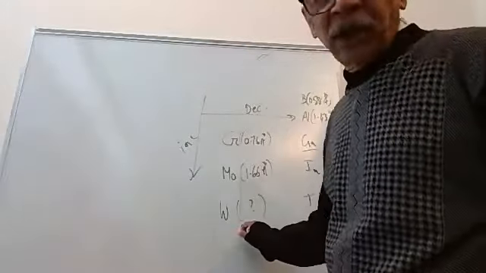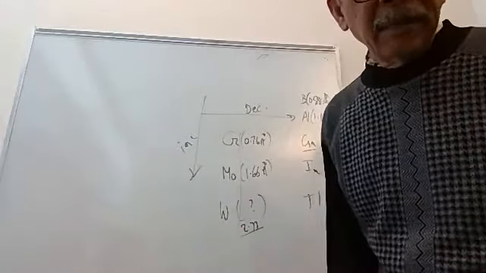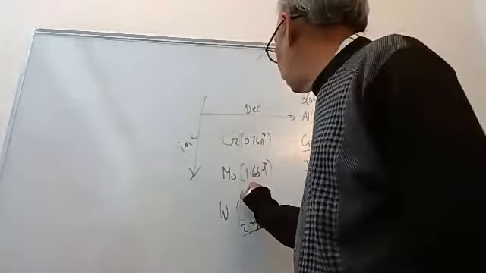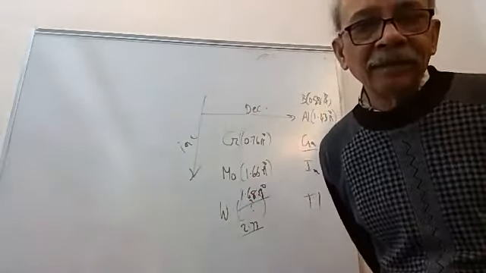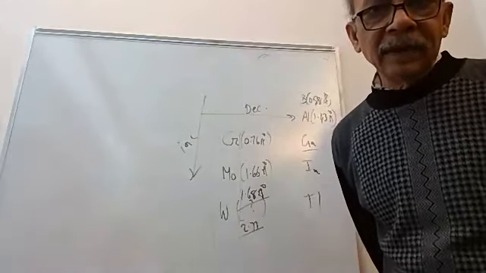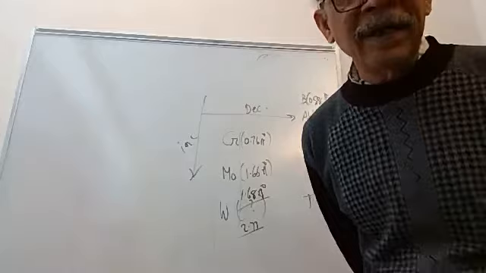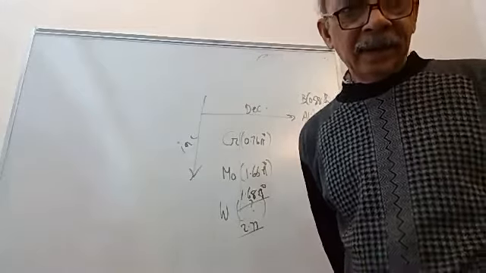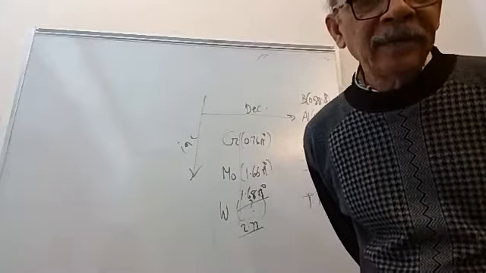This is what you expect, 2.77, based on the extrapolated value, but that's not what happens. Tungsten is only 1.68 angstroms. What is this telling you? Something is going on here. The size is not simply proportional to the shell numbers.